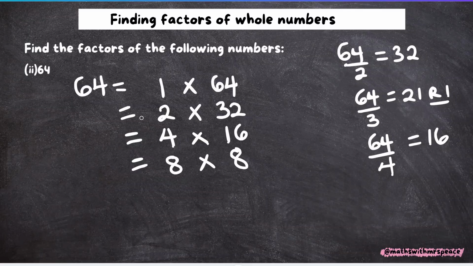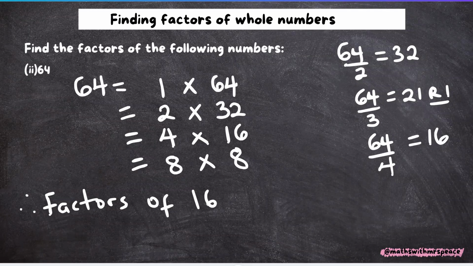You already know that 9 is not a factor, 10 is not a factor. The next factor you're going to get if you continue going down is 16. And since 16 is already here, then you stop. And then you can go ahead and list these numbers in order as the factors. So therefore, the factors of 64 are, and then we list just like we did in the first example, 1, 2, 4, 8.